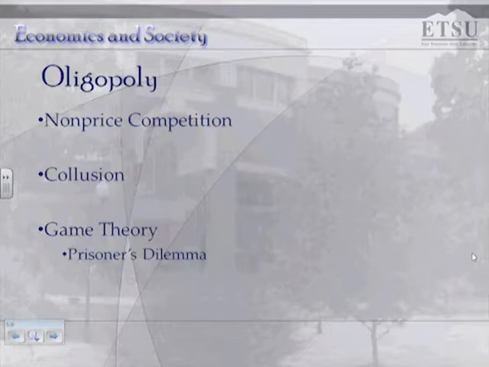So instead of increasing our output and competing our price downward, we could get together and agree to split the market, earn above normal profits, and keep our prices high. In effect, we would have the firms who should be competing, which we said is better off for consumers, working together to act like a monopoly. We said that compared to competition, the monopolist gains at the expense of consumers.